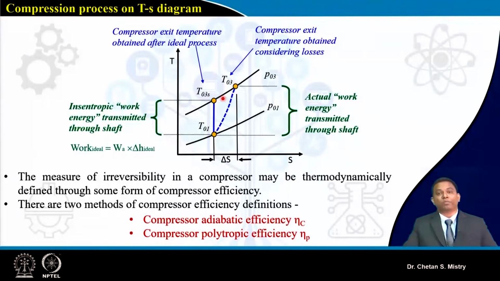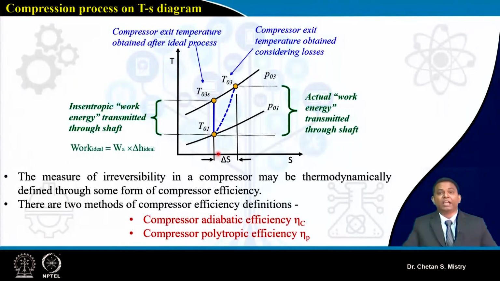In the compression process we will have aerodynamic losses and thermodynamic losses, and in terms of thermodynamics we talk about this as the irreversibility of the process, which we represent as the entropy term.